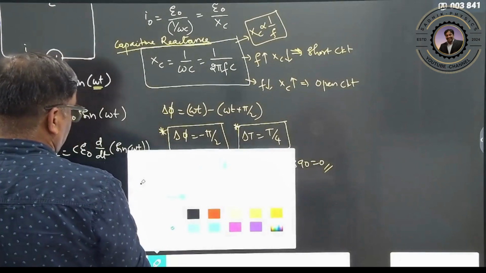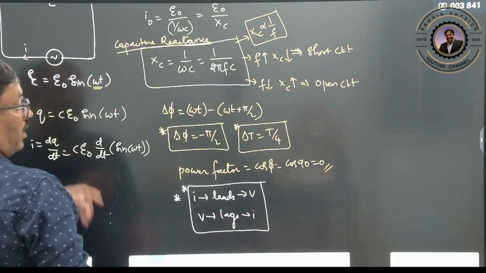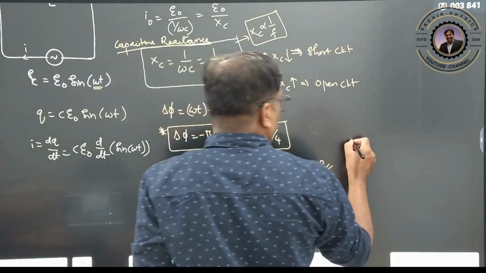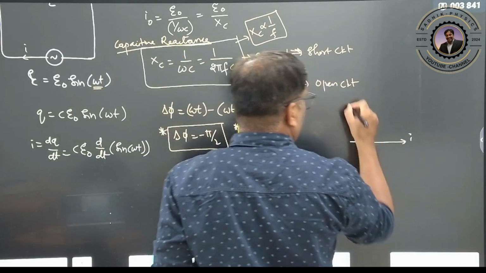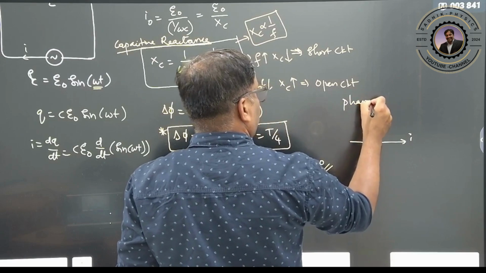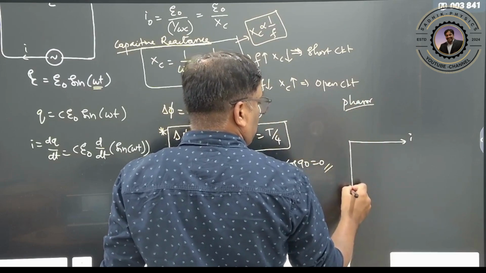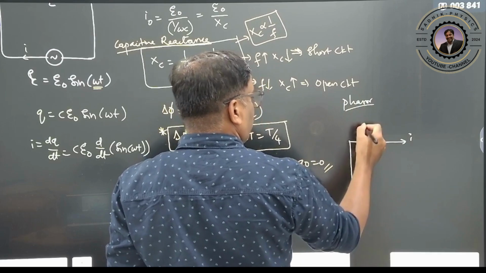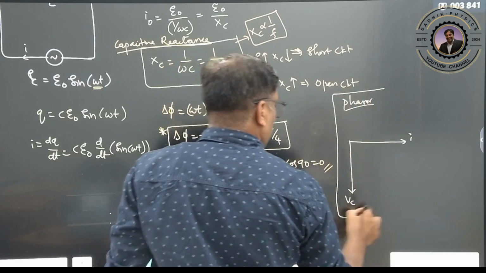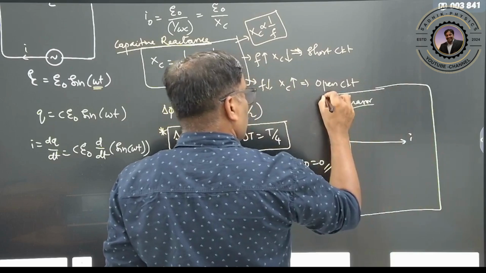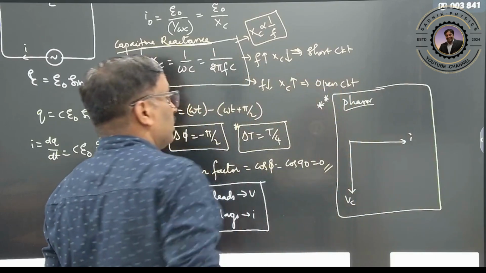So what is the phasor diagram here? Here the current will be there. This is your phasor diagram. This is your VC. Very important, most important. Clear?